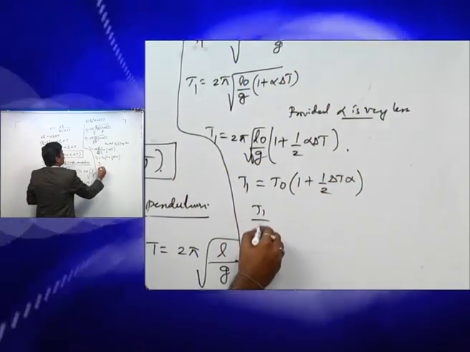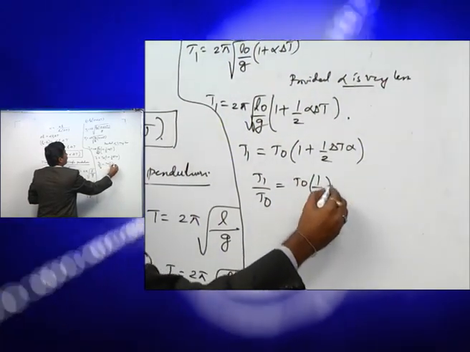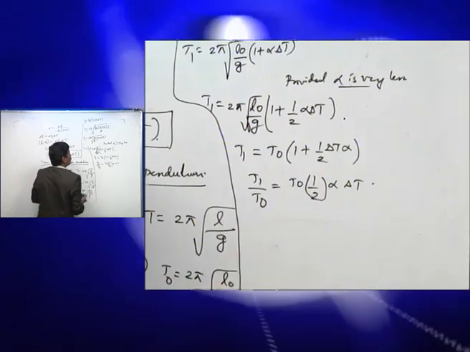So T1 by T0 is equal to 1 plus 1 by 2 alpha delta T here.